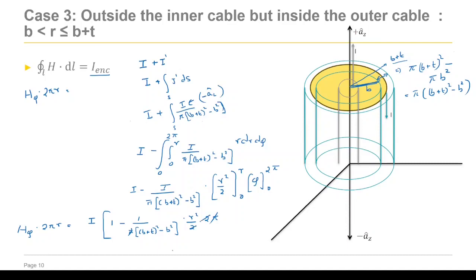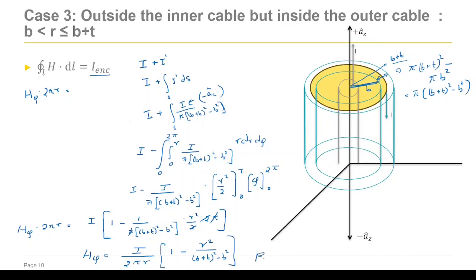The 2 and 2 cancel out, and I have H phi equal to I divided by 2 pi R times 1 minus R squared divided by (b plus t) the whole squared minus b squared.